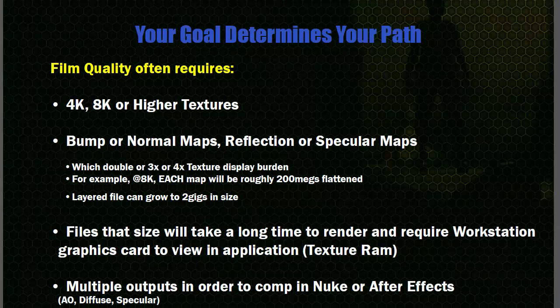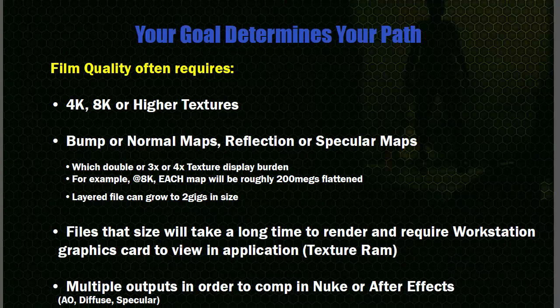Well, film quality often requires 4K, 8K, or higher textures. Attention to detail on close-up shots and medium shots is often only obtained once you get into the 8K and 16K and sometimes even 32K format.